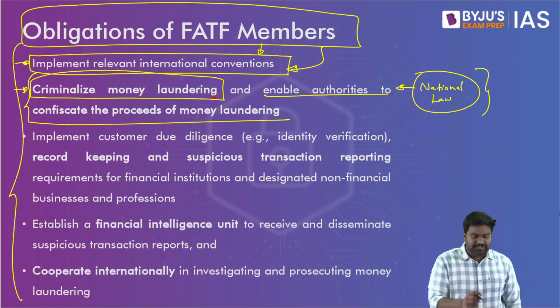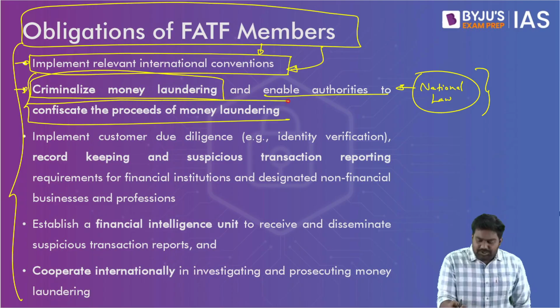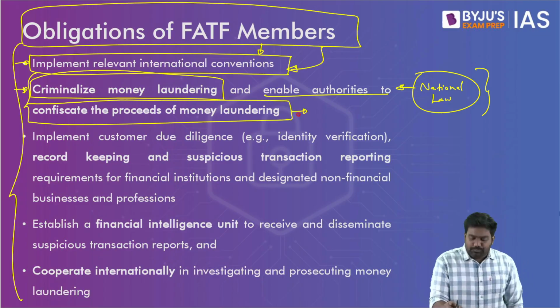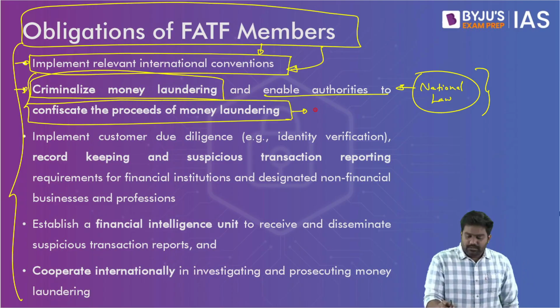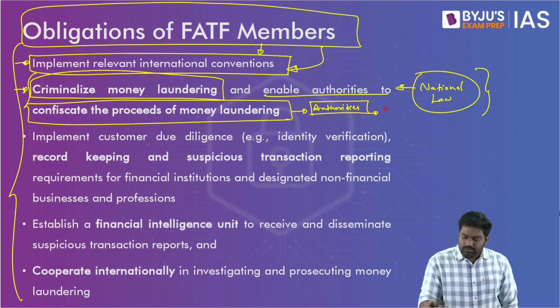It's a criminal offense. It should have a provision for confiscating the proceeds of the crime, where the concerned authority, which is investigating the case, should be given the power to confiscate and attach the proceeds of the crime.